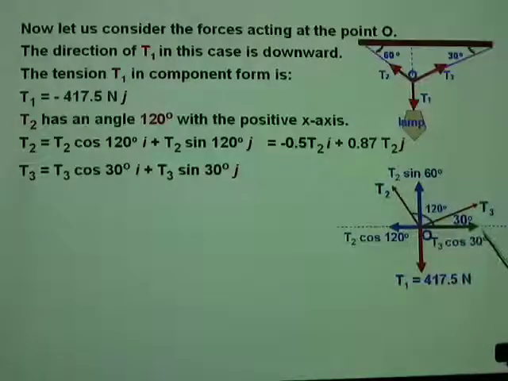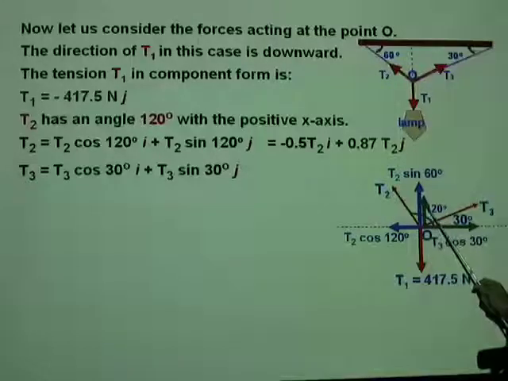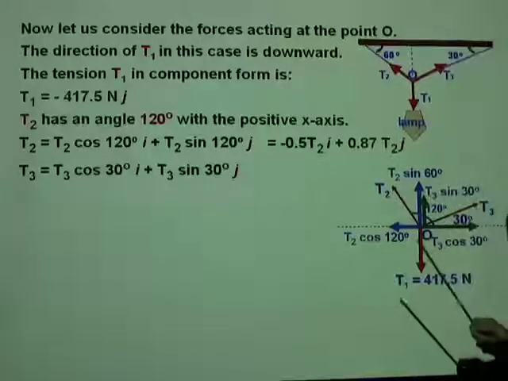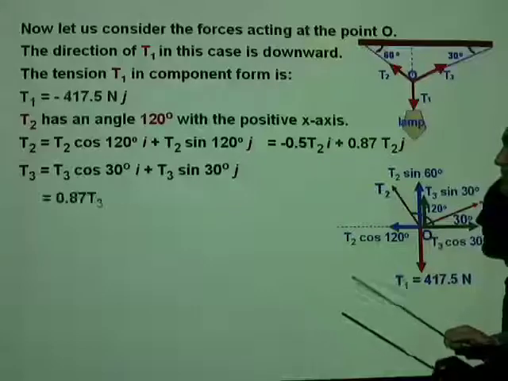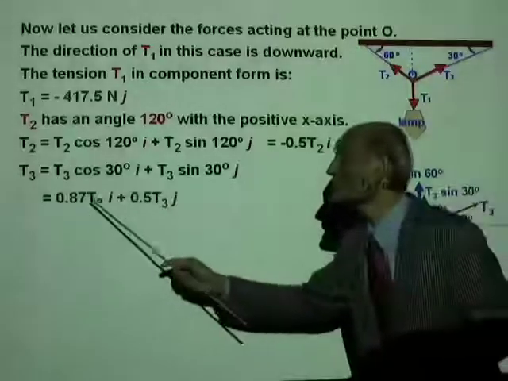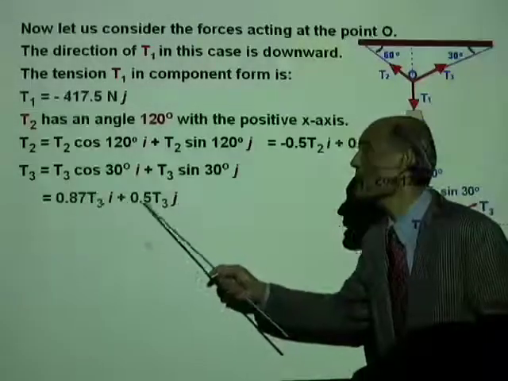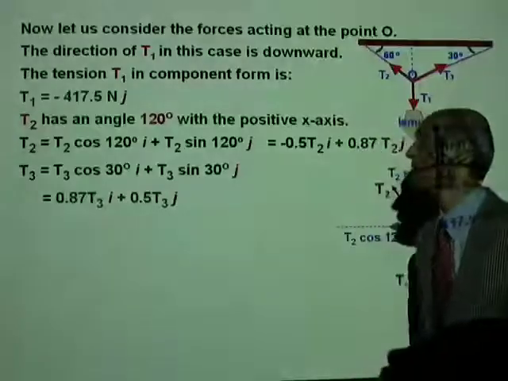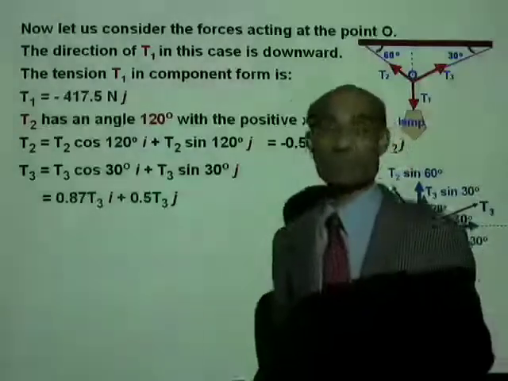This is T3 cos 30 degrees and this is T3 sine 30 degrees, and that will be 0.87 T3 I plus 0.5 T3 J.